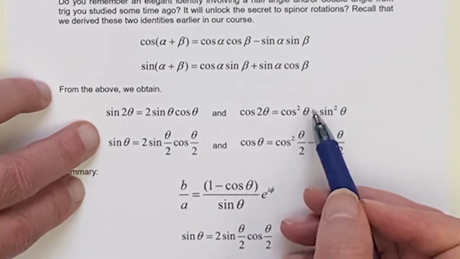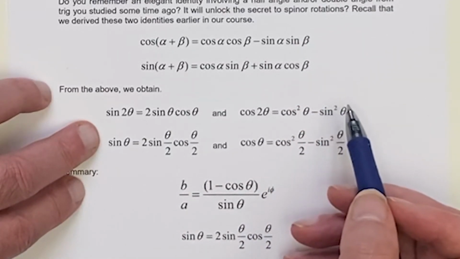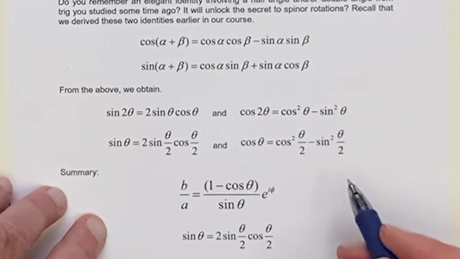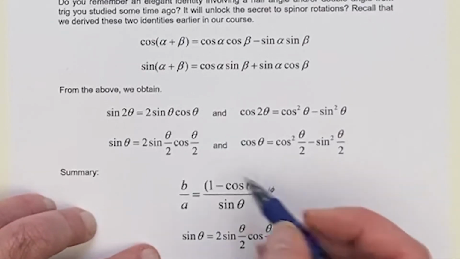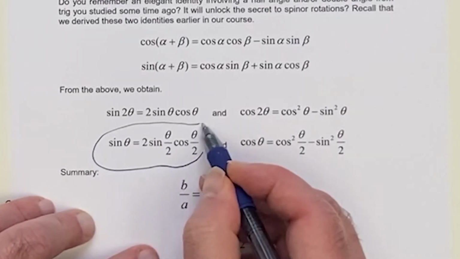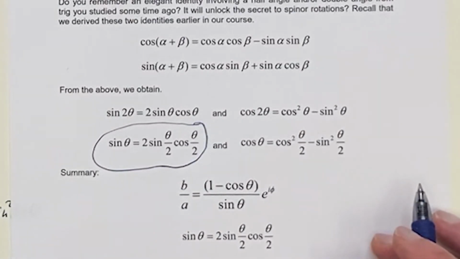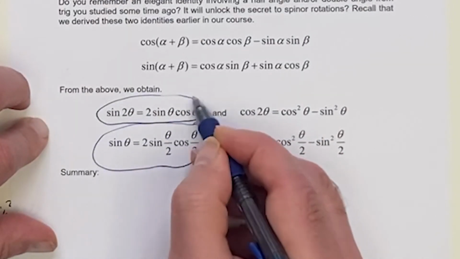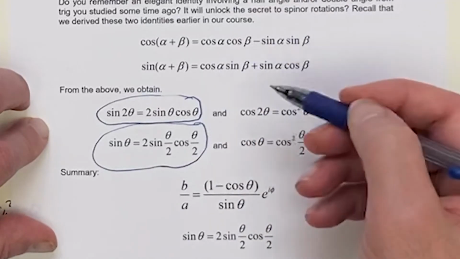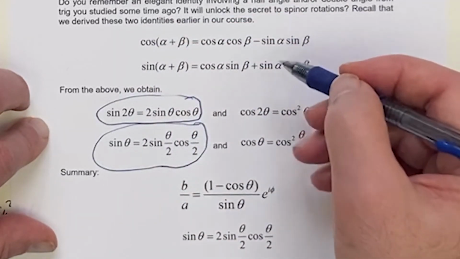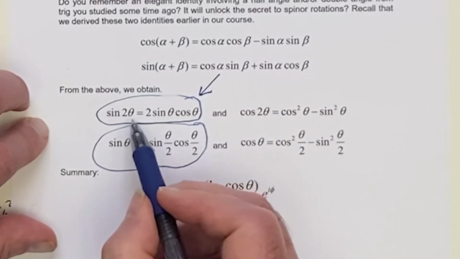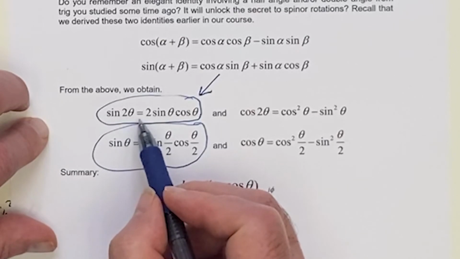What I want to use is this one. You would look that up, or remember it, but this little review in the book shows you how to derive it. We derive these with the rotation matrix, then you get this one if you put alpha equal beta equal theta.